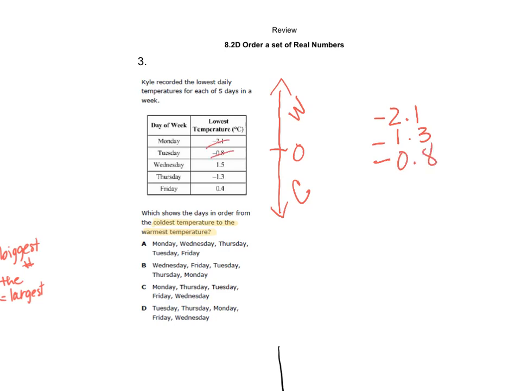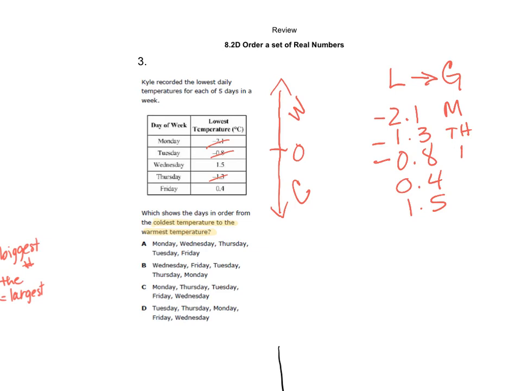So we've gotten rid of all of our negatives. And then we want to go to the smallest positive number and the largest number. So we went coldest to warmest, which is least to greatest. And this is Monday. Negative 1.3 is Thursday.